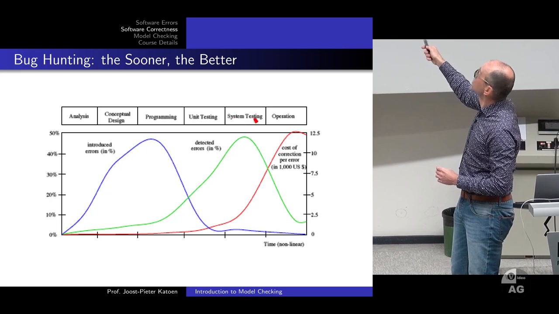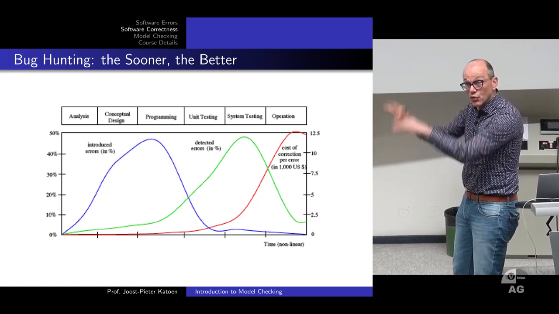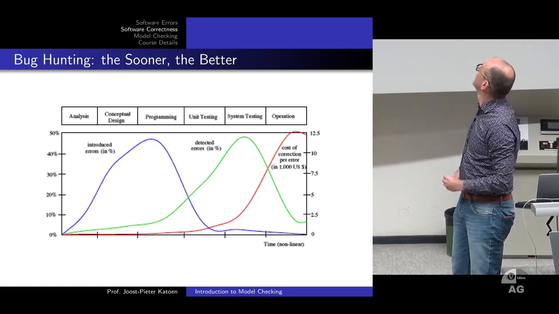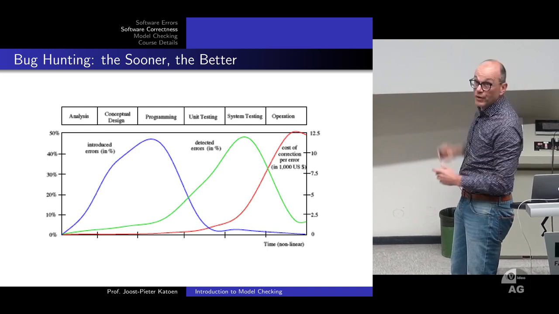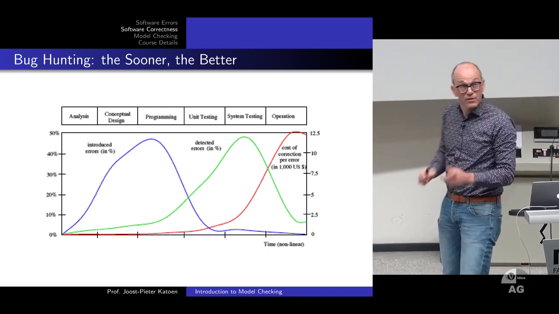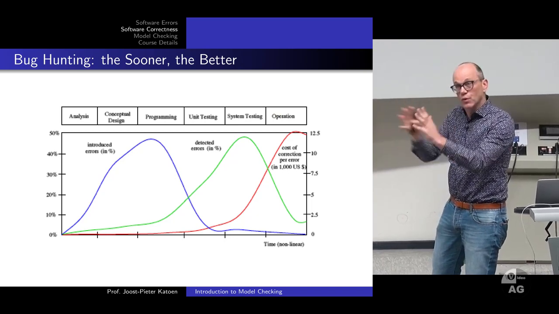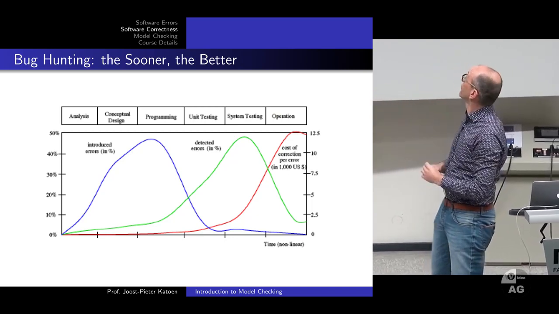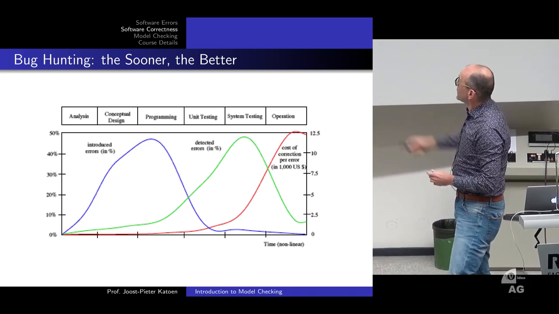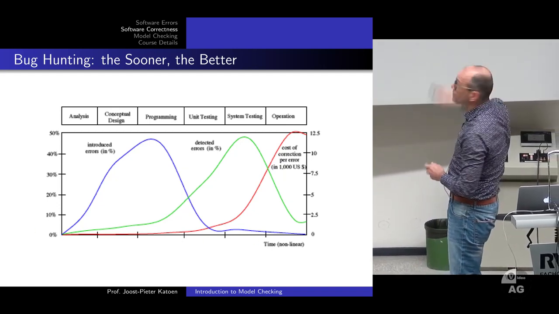Then maybe you do the testing of the entire system, where the units need to cooperate, and then maybe the system is in operation. So as I said, don't take the length of every phase as equally long. I just want to illustrate that you have those different phases. And this is the time.